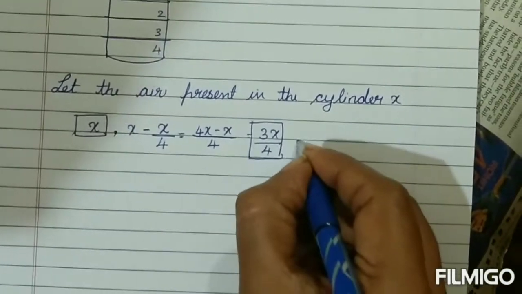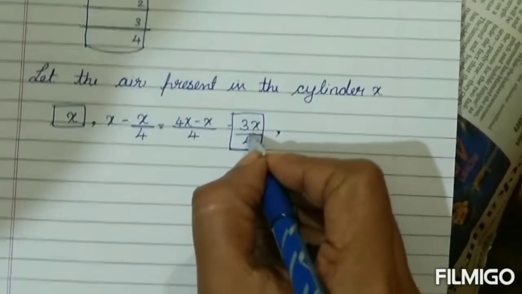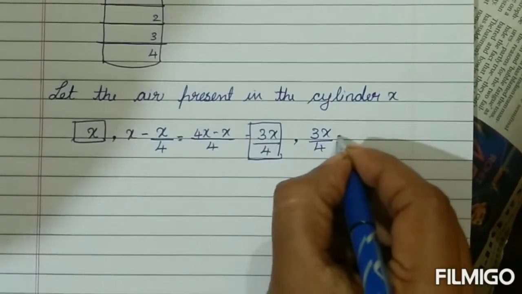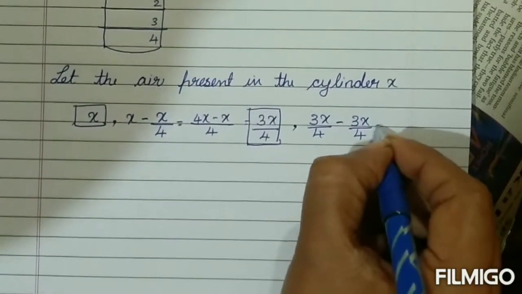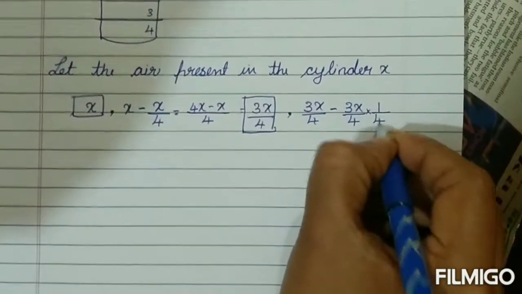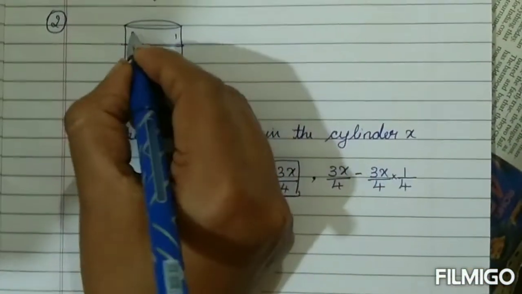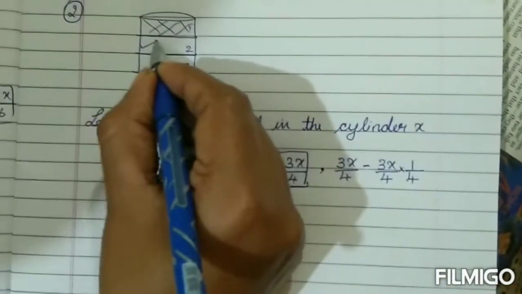Now the left air is 3x divided by 4, and again you have to remove 1/4 of it. So 3x divided by 4 minus 3x divided by 4 into 1/4. First you removed 1/4, now you remove this portion.